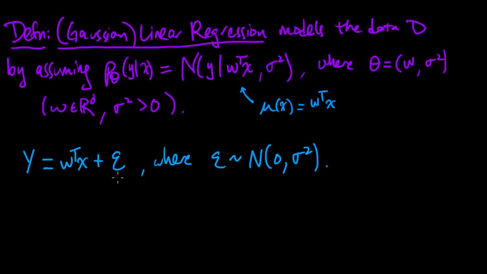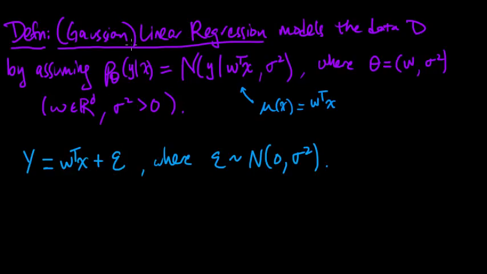So this is the random part here. You might call this the noise, additive Gaussian noise, people sometimes say. And so this is Gaussian linear regression.